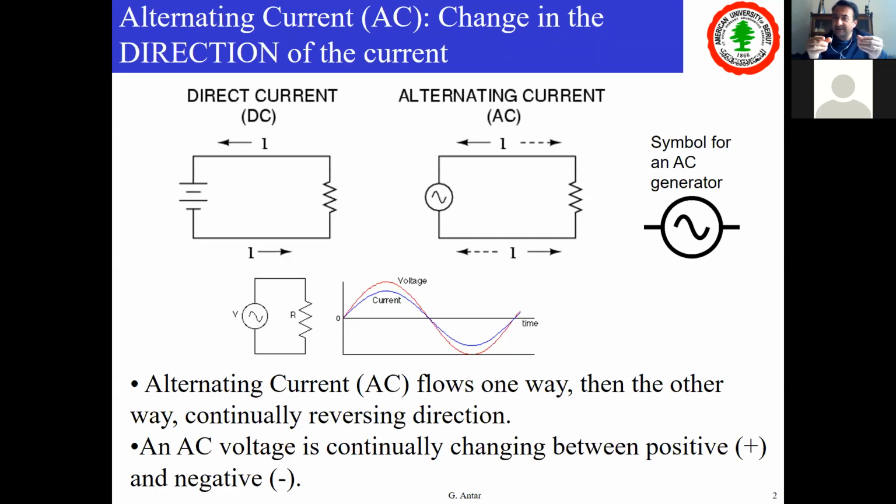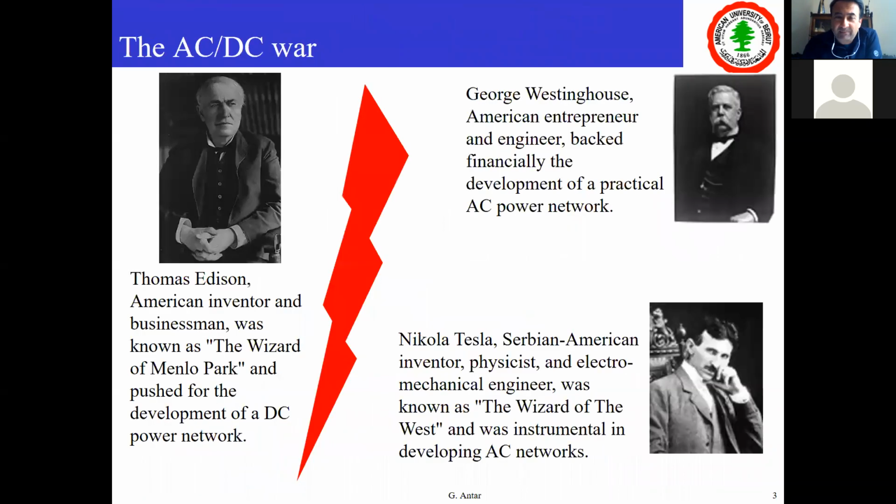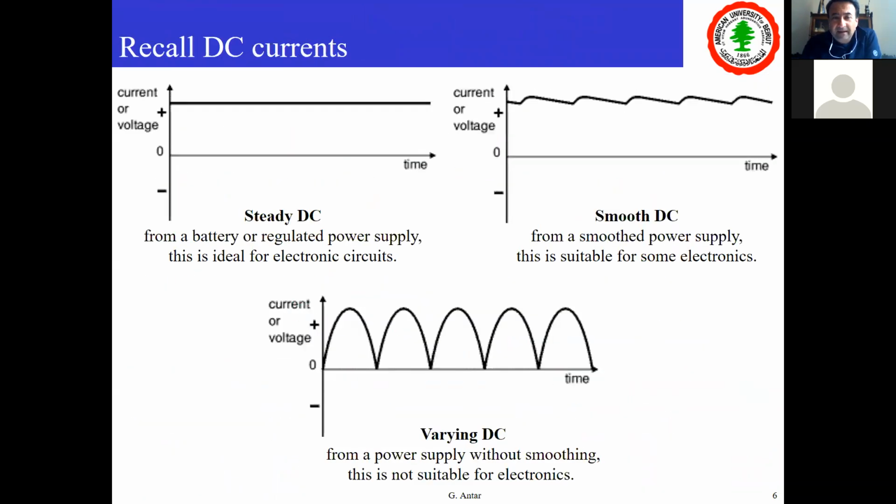When the direction changes, that's what we call an alternating current, okay? Basically, it's as if you have a battery which goes minus plus at some time and then plus minus at other times, okay? So the battery is changing and the voltage is changing. Once again, this is not related to the amplitude, but more to the direction.